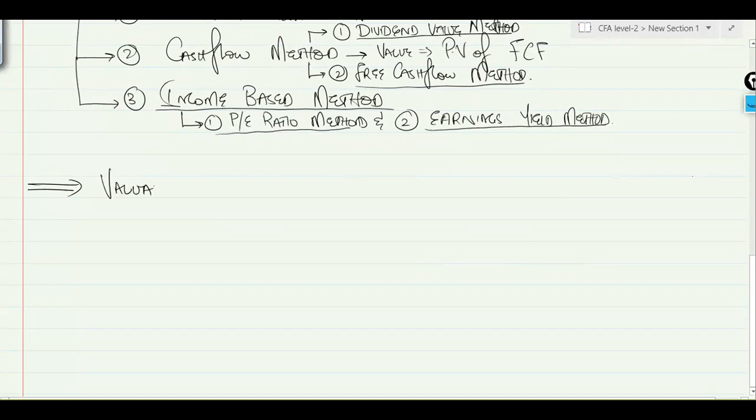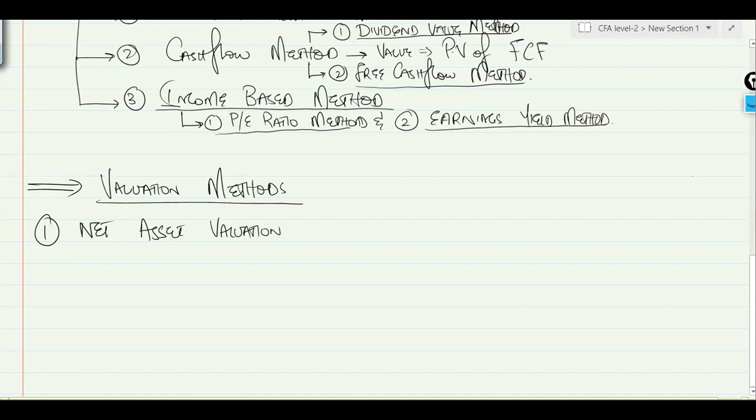Valuation methods. The first one, the most simple one, is called the net asset valuation method. So it's simply, we are just looking at the remaining net asset value. One way of valuing a business is how much net assets are left for a business.